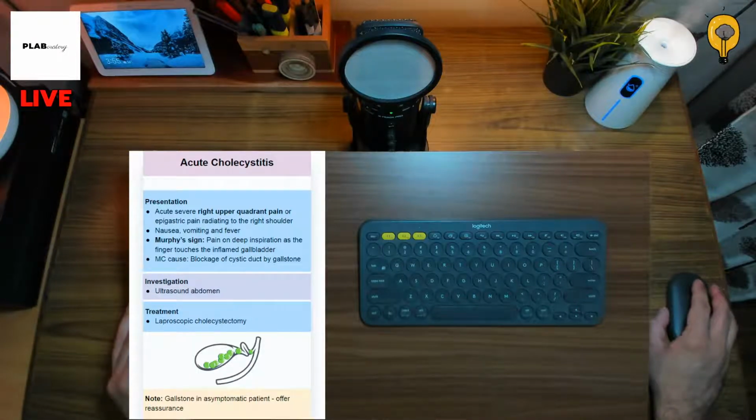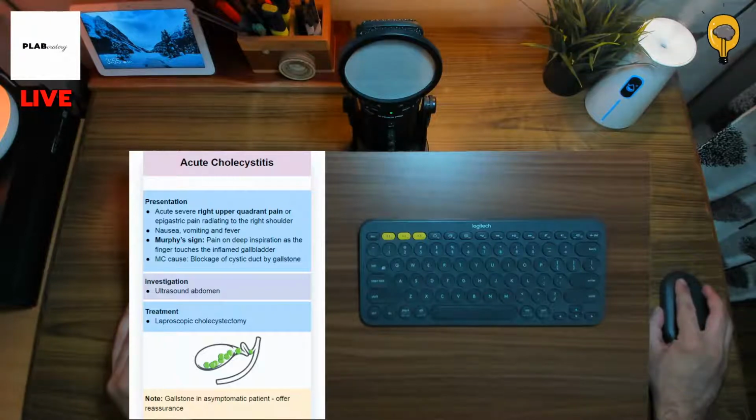So here we are seeing a case of achalasia, and obviously it leads to dysphagia.